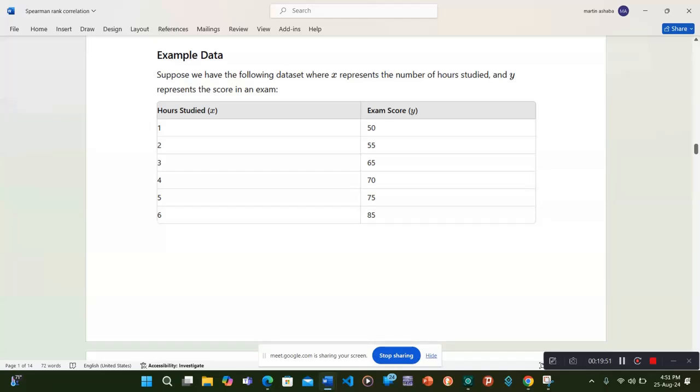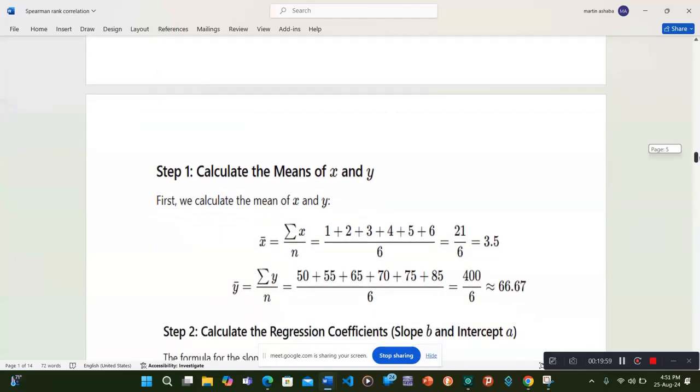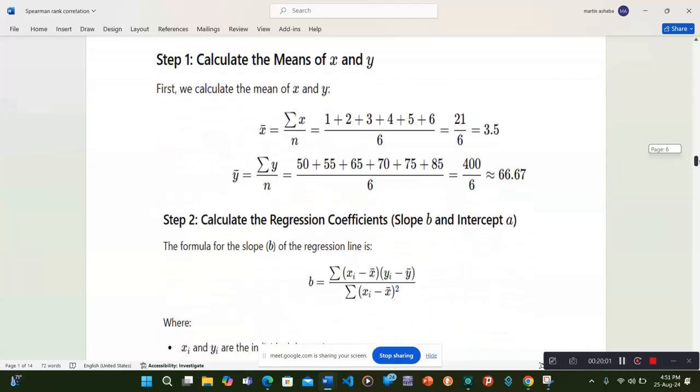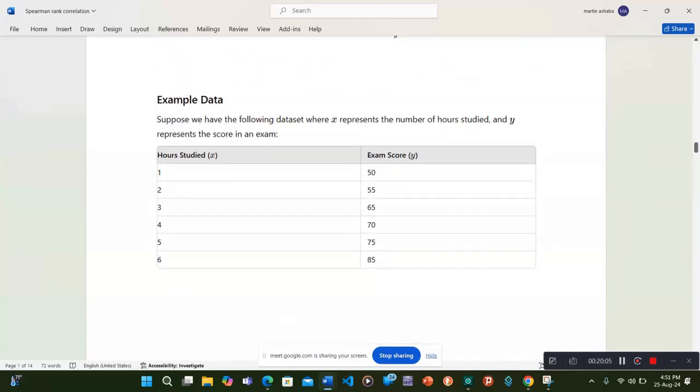So you can again use that problem, and then you'll be able to, for example, get the model that states the relationship between these two. We have hours studied and exam score. This is another example that we are looking at.